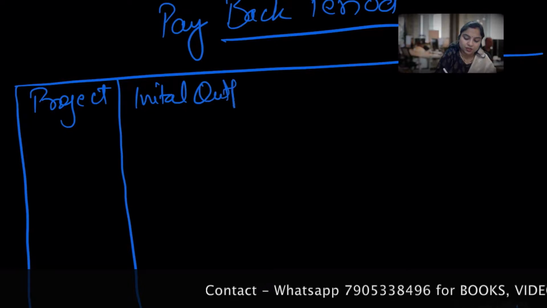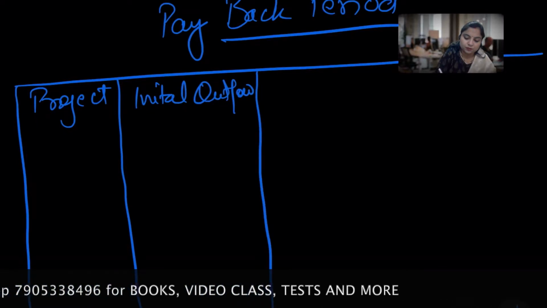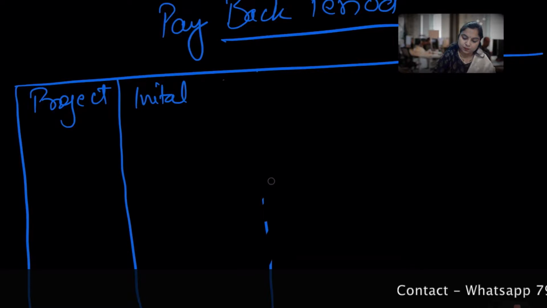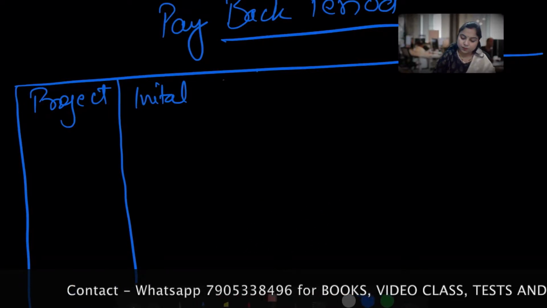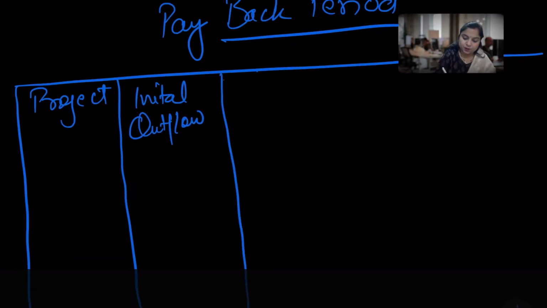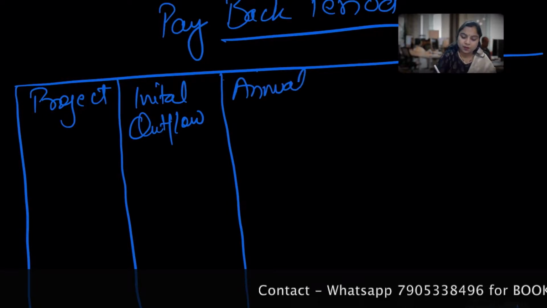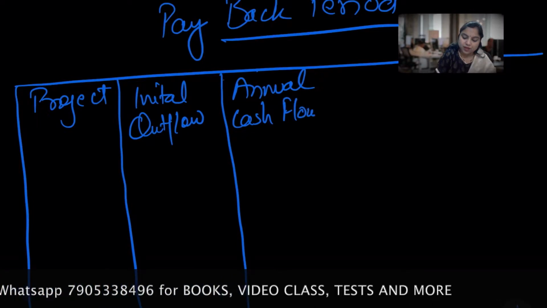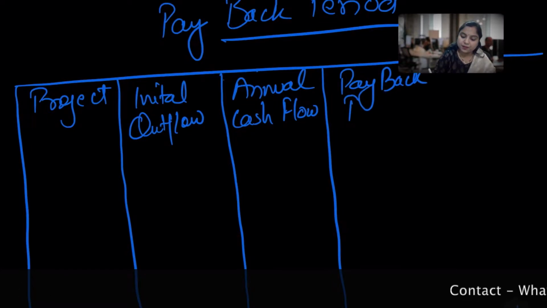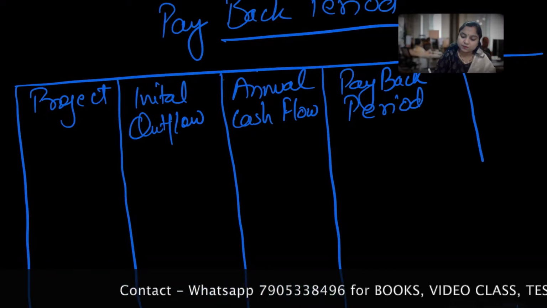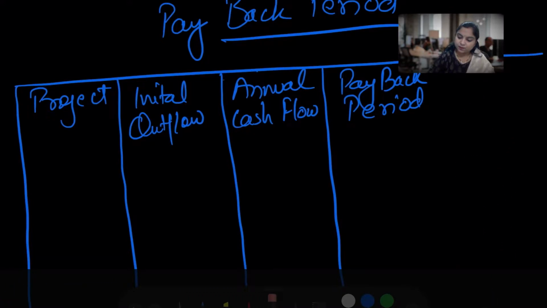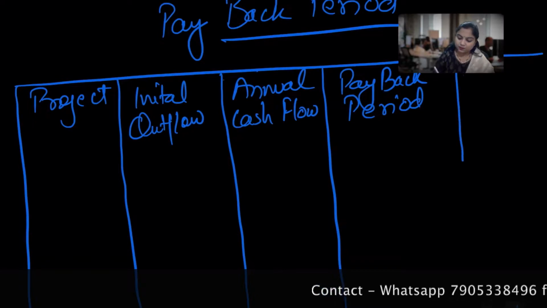Initial outflow, annual cash flow, payback period, and then the rank.